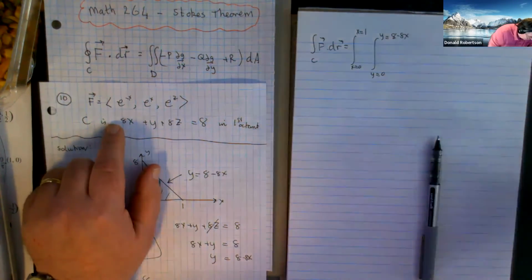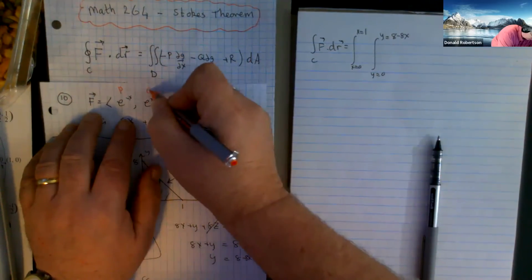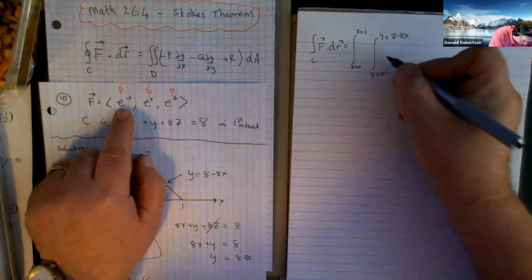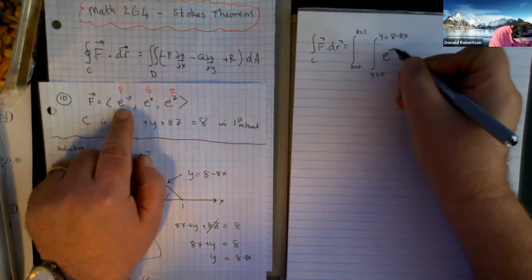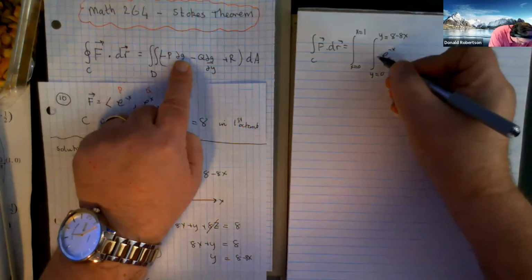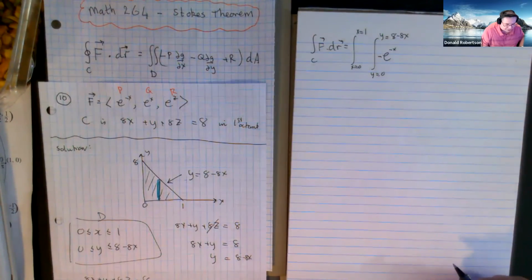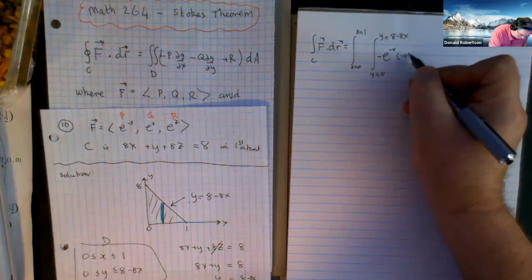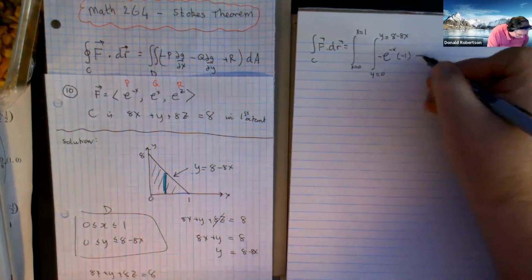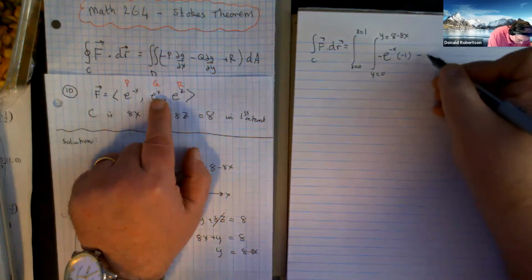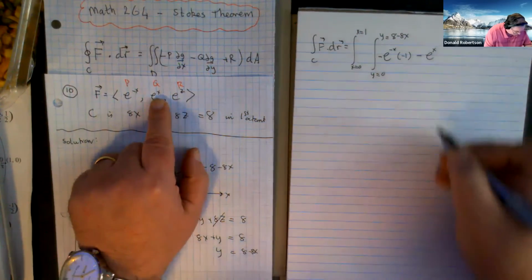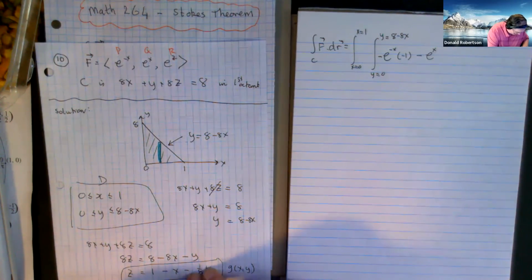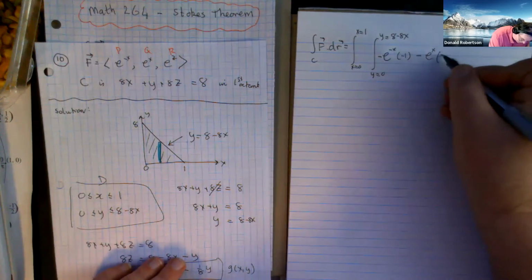And this is P, this is Q, this is R. So we are going to have e to the negative x times, negative e to the negative x times the derivative of this guy here with respect to x, which is negative 1. Then we're going to take away this fella, who is e to the x, times this guy, dy. So that's going to be negative 1/8.